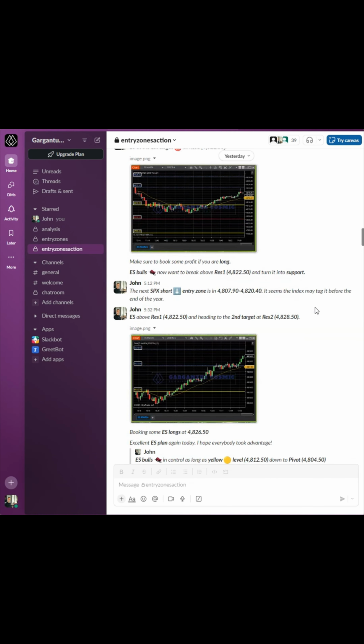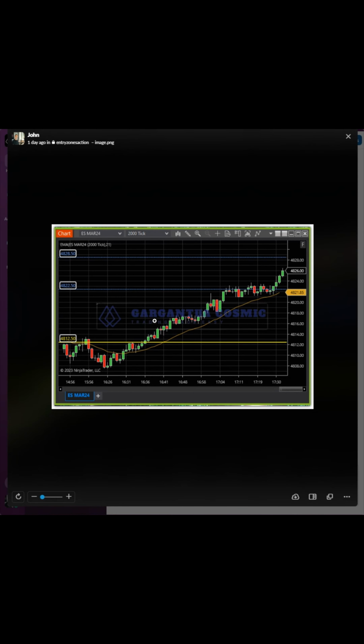As the session progresses, we see that the index breaks above resistance 1. The first approach of resistance 1 provided a pullback. We didn't trade it to the short side because we had the plan to go long, but if someone had taken a short here, he would have taken some profit on this pullback.